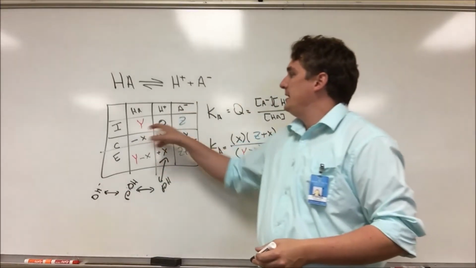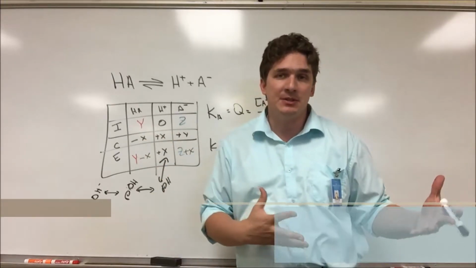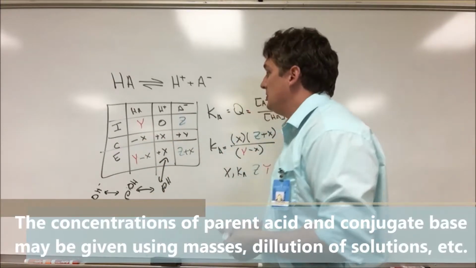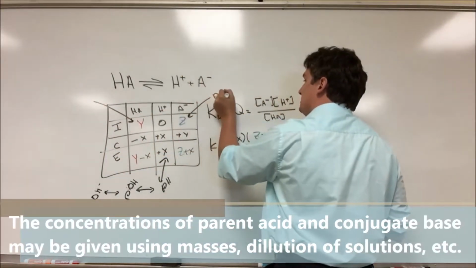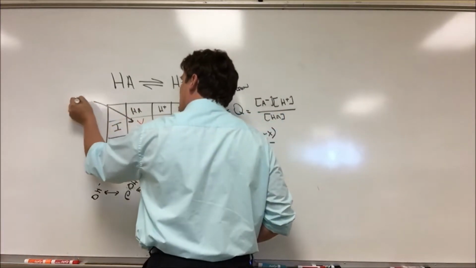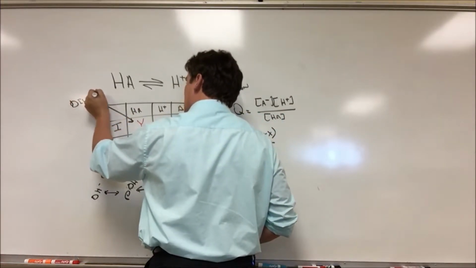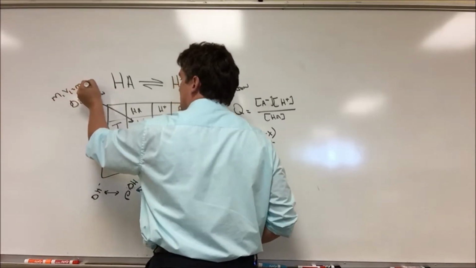When it comes to Y and Z, we can relate these to dilutions. Maybe you're given a certain amount of material and asked to water it down. So we can get Y and Z from dilution information. So this will be your M1 V1 equals M2 V2 relationships.